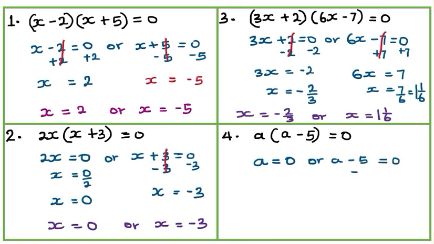And let's add 5 on both sides, such that we will have a 0 here and remain with a, that is equal to 0 plus 5, that is 5. So finally a is equal to 0, or a is equal to 5.